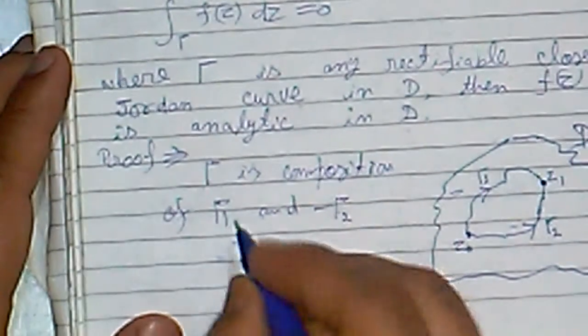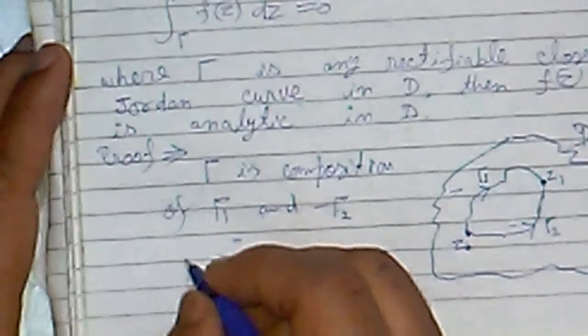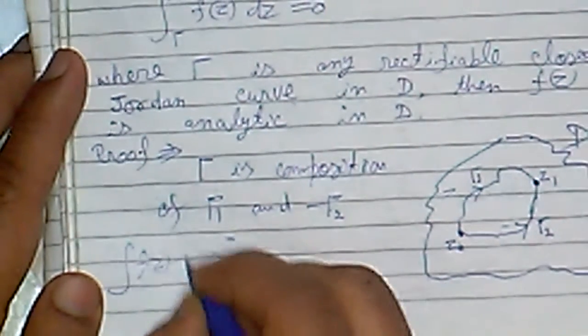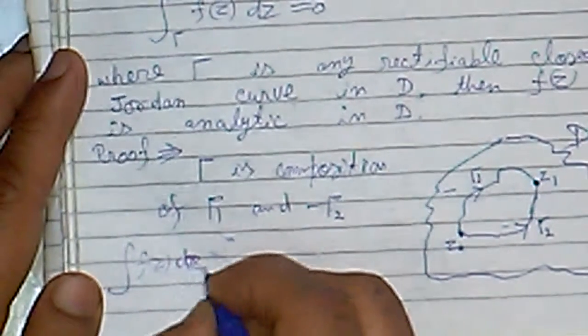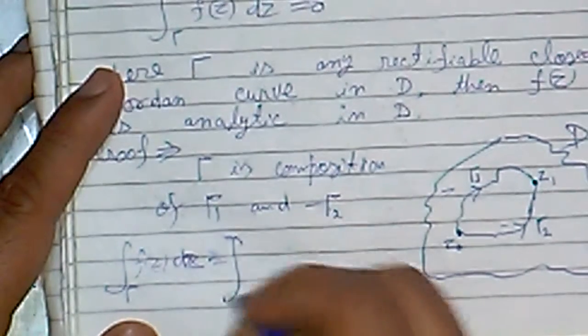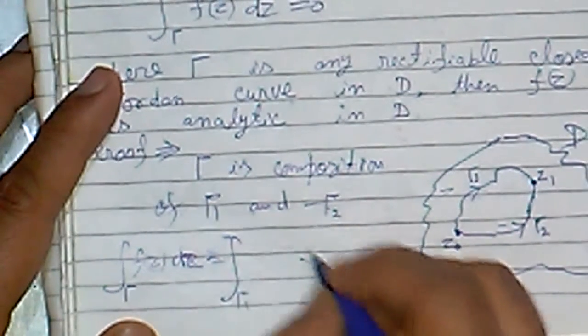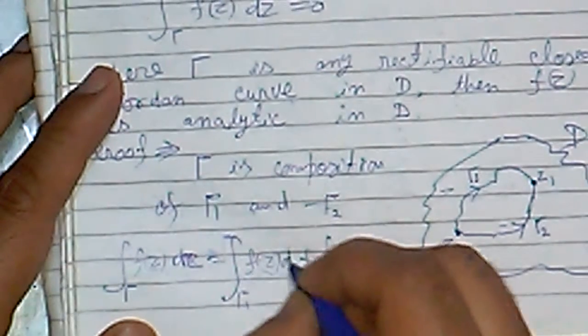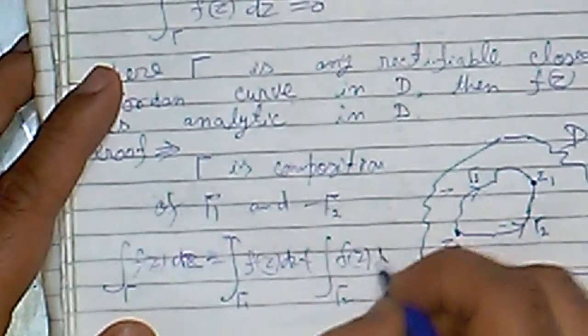Now we can say that the integral of f(z) dz along gamma is equal to the integral along gamma 1 plus the integral along gamma 2. Here the function is the same, f(z) dz.